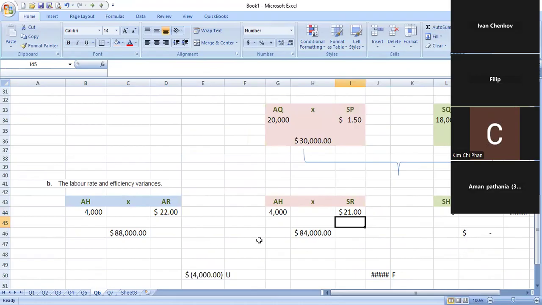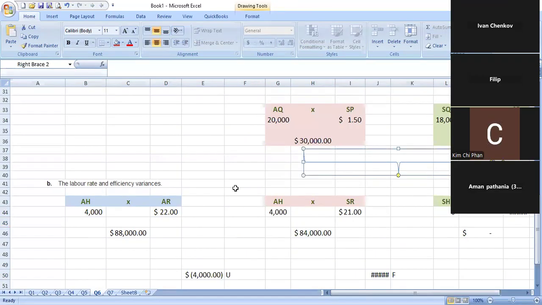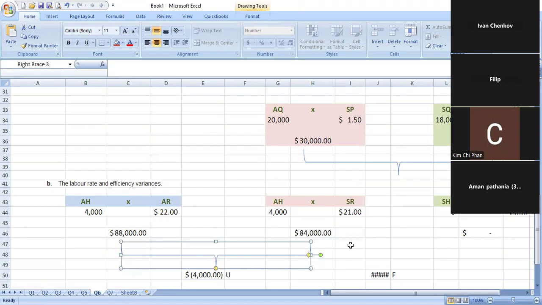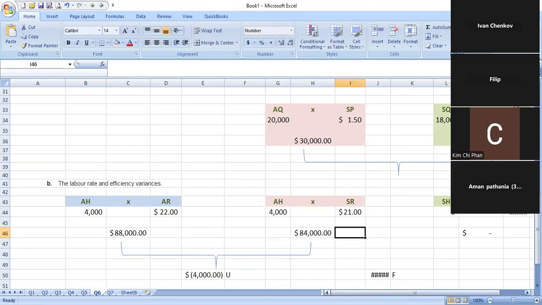Unfavorable. Why? Because we simply pay them $1 more over 4,000 hours, so 4,000 unfavorable. No questions about it. We get that.